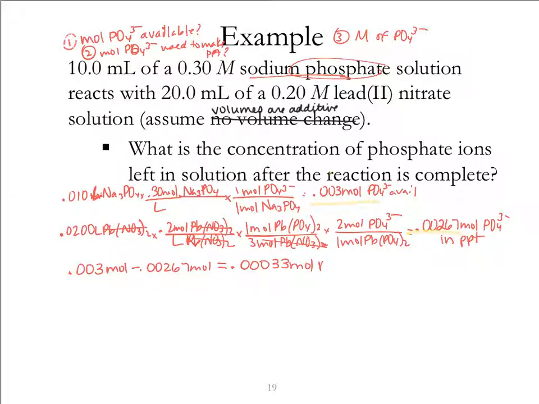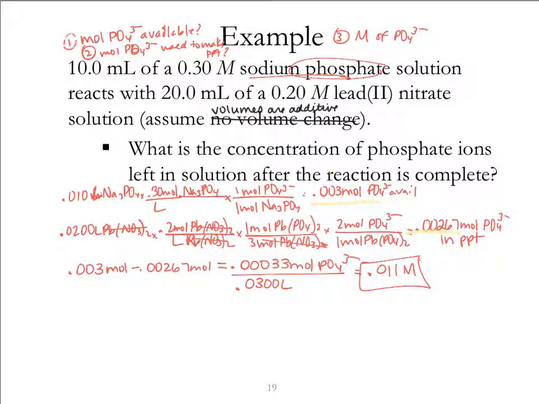Okay, so that's how many moles of phosphate are left floating around in that container. Now we just have to get the concentration of that by dividing by the combined volumes of the solution, and you get 0.011 molar concentration.